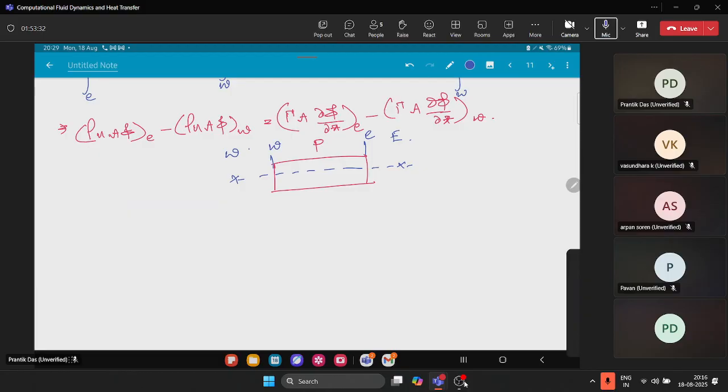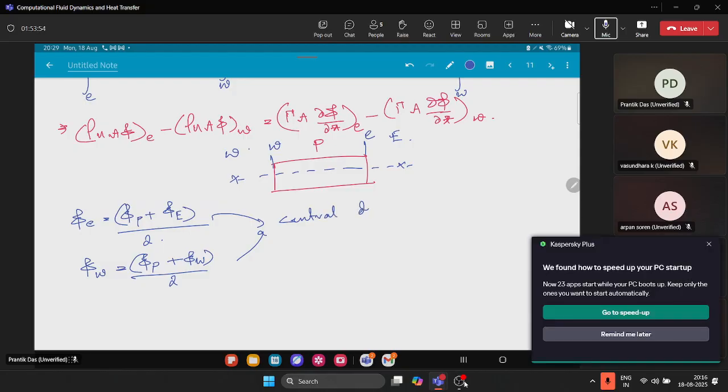Then phi e is equal to phi P plus phi E divided by 2, and phi w is equal to phi P plus phi W divided by 2. So these are also central difference formulas, which I will derive as of now.